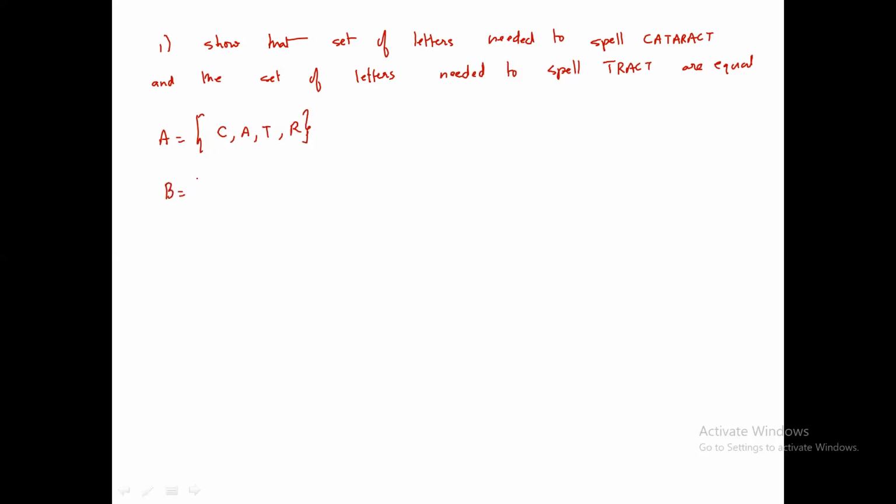I will write the set B, in which the letters are taken from tract. I'll write T, R, A, C. That's it. I will not repeat T. So you can see T is present in both, R is present in both, A is present in both, C is present in both. That means I can say set A is equal to set B.